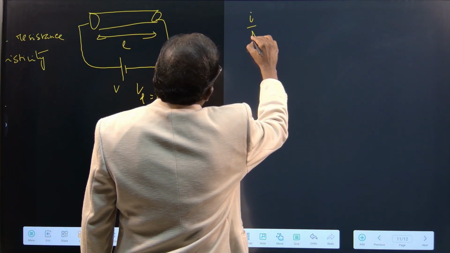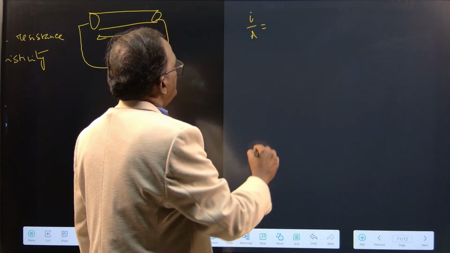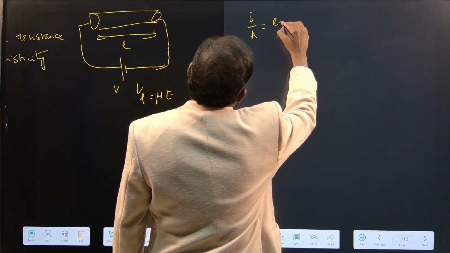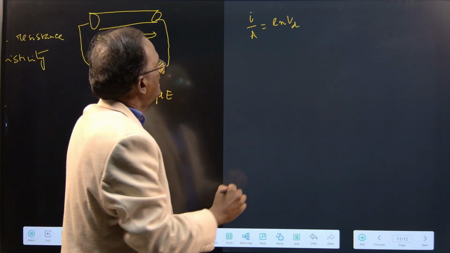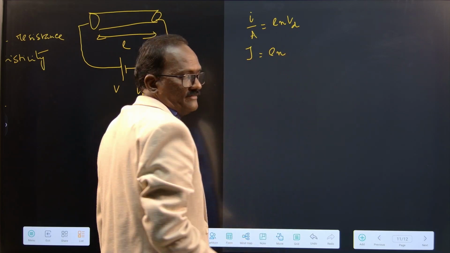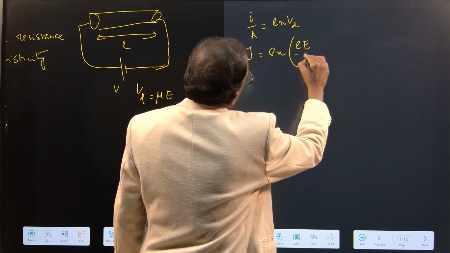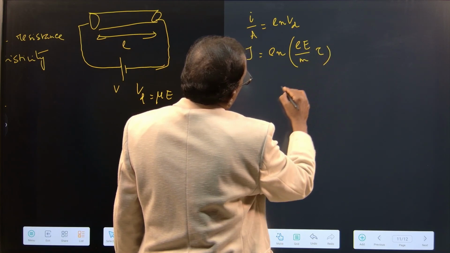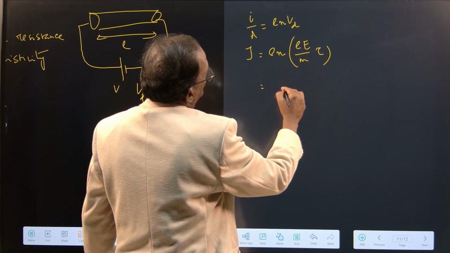I by A, current density, I am writing again. I by A is equal to n e Vd. Vd I want to expand as eE by m tau.